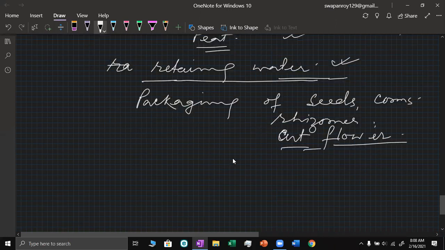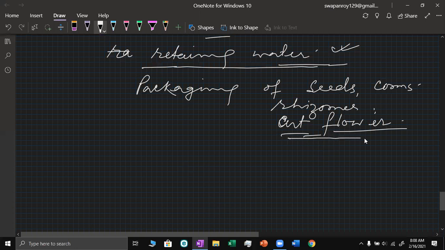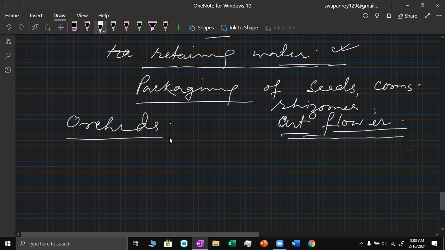I think this is a common practice. I think you also have done that at your home when you grow orchids. What do you do? You put orchids on a branch of a tree or on dry logs.